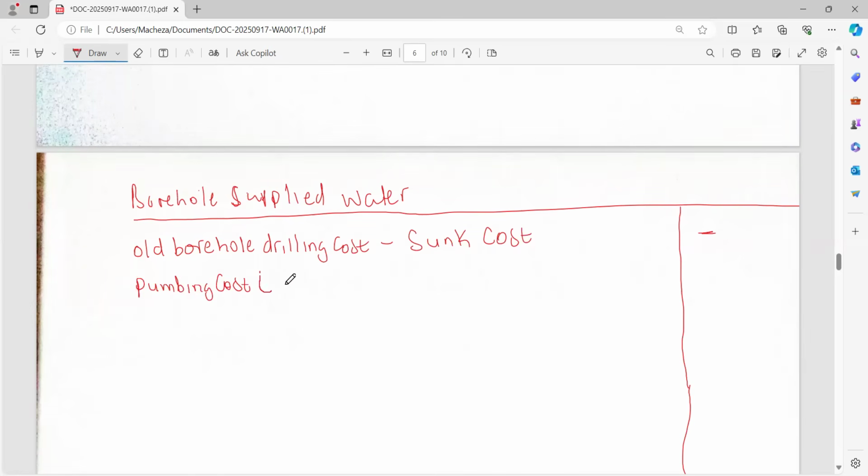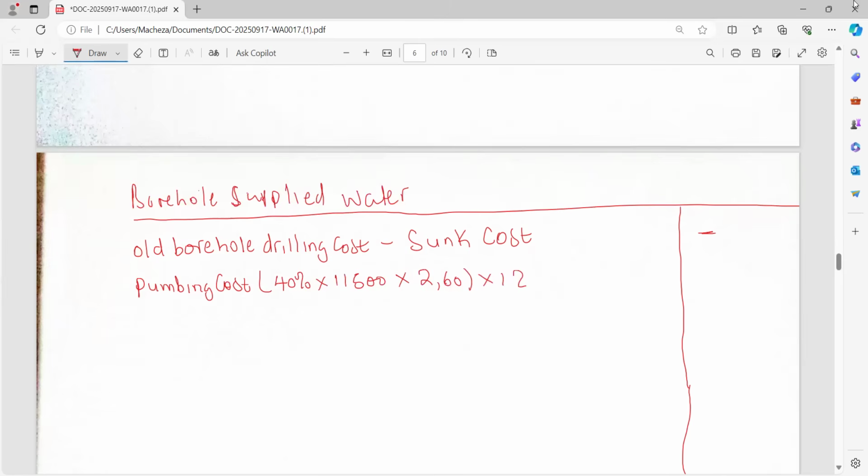So it's going to be 40% of 11,500 kiloliters times 2 rand 60. This is for the month, then times 12 months.